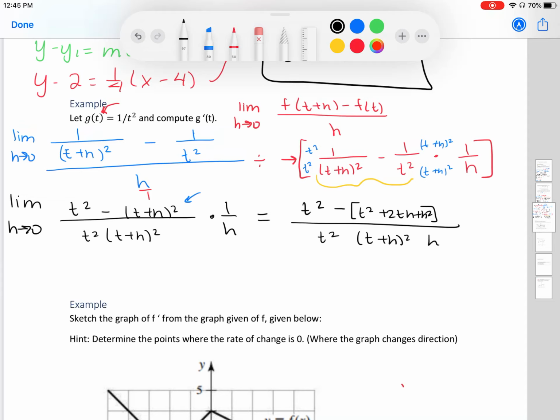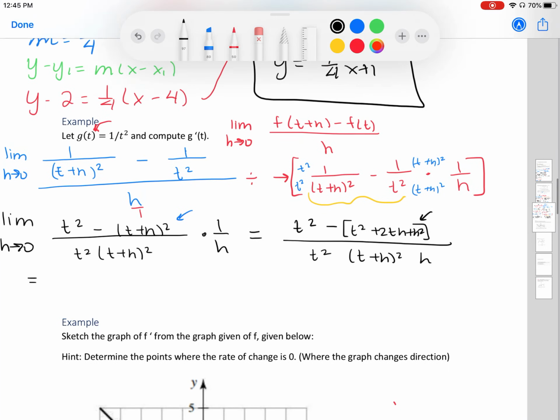And I can write the h in the bottom if you want. Multiply it in. Okay, let's clean up our numerator still so that we have t squared minus t squared plus 2th plus h squared, all over t squared times t plus h squared times h.